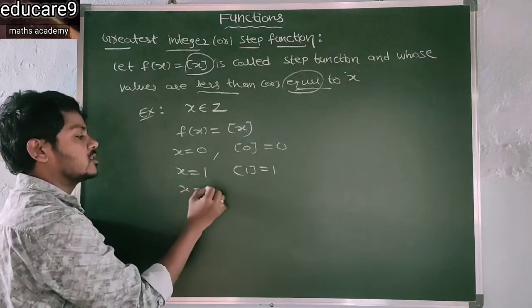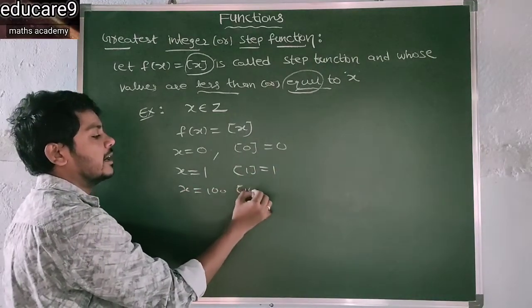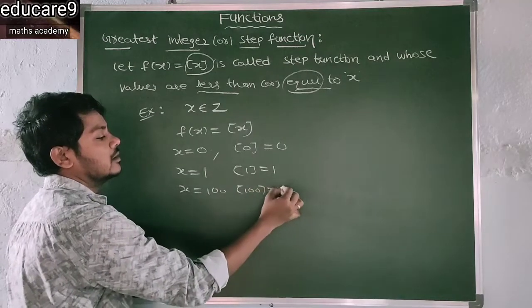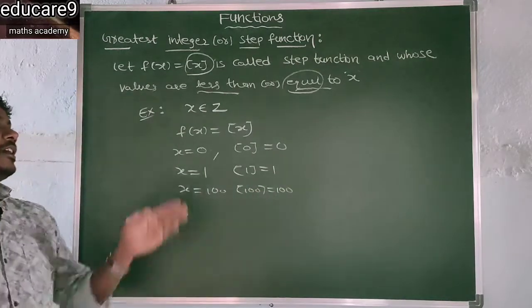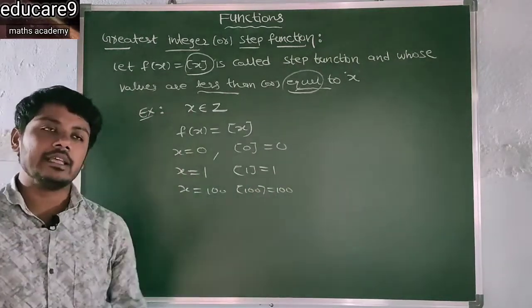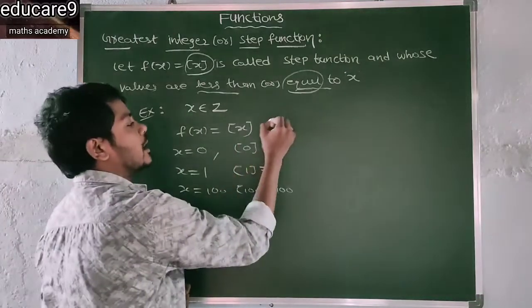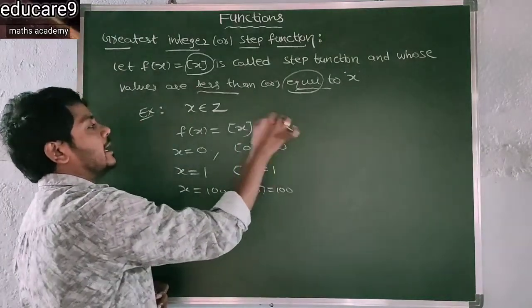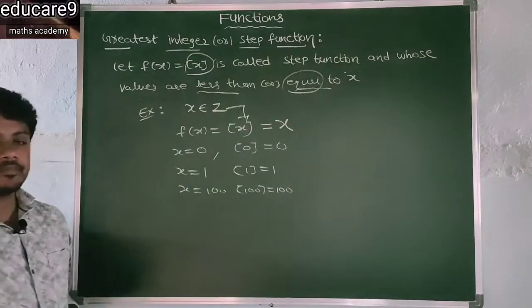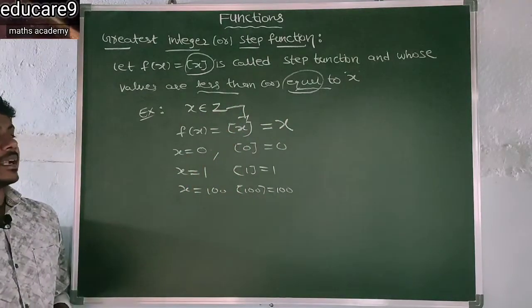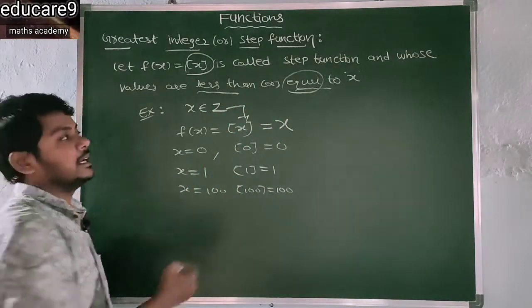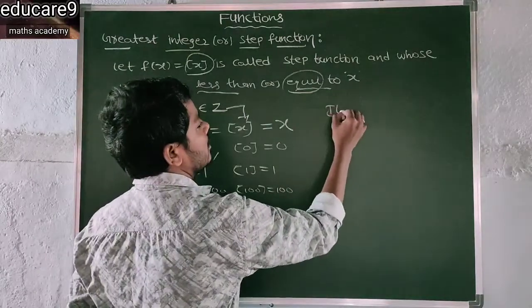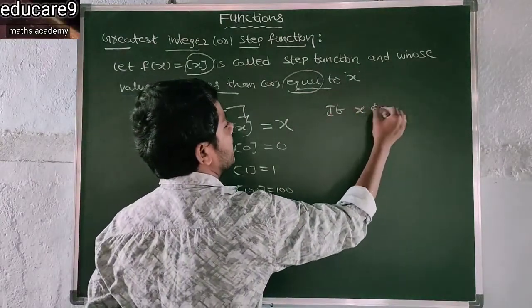If x is equal to 100, step 100 is 100. So clearly, if x is integer, in that case step x is equal to x.